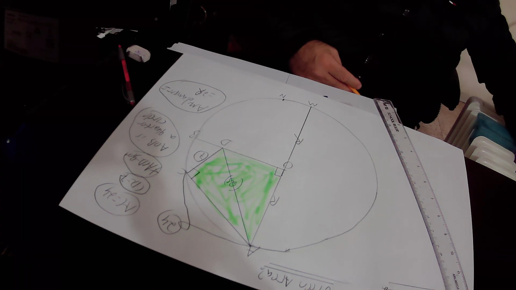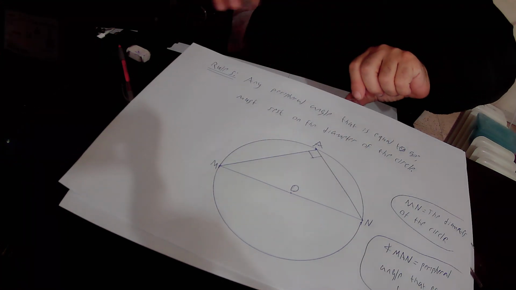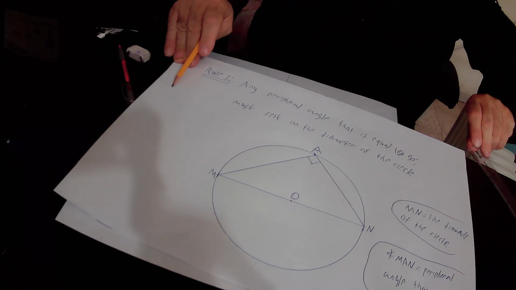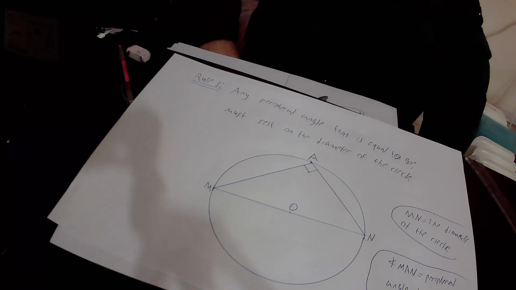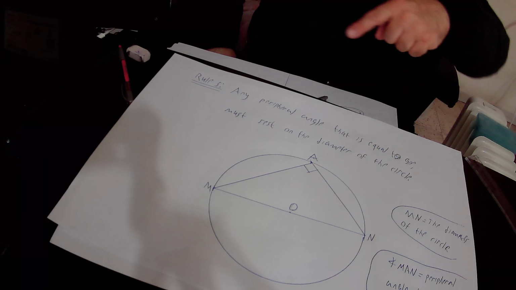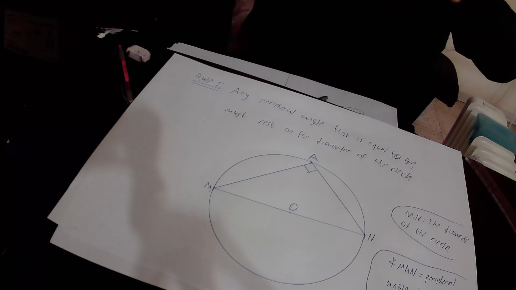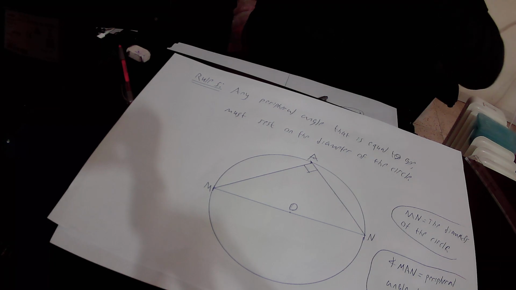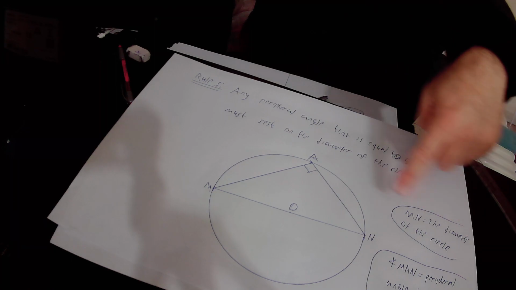Why? Because according to rule number 5, any peripheral angle that is equal to 90 degrees must rest on the diameter of the circle. Here we have peripheral angle MAN that is equal to 90 degrees. This peripheral angle MAN rests on NM, that is the diameter of this circle.